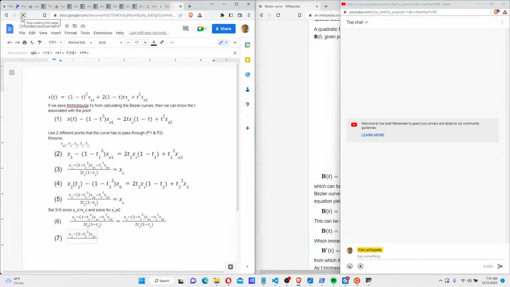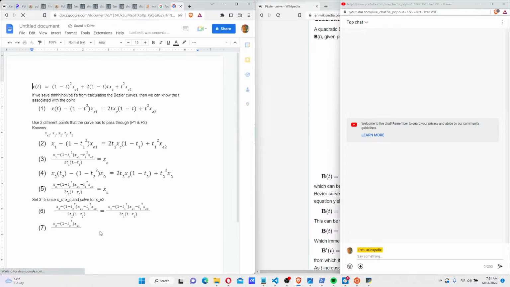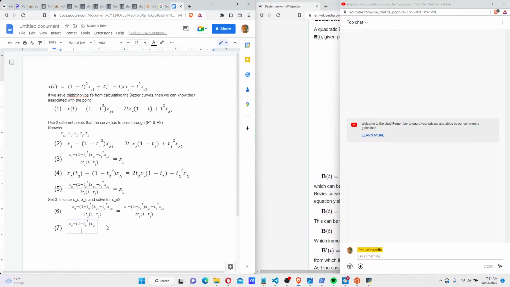I wonder what is happening with this. Exit. Reload. Alright, now let's get rid of that. Now, just going to type it by hand.